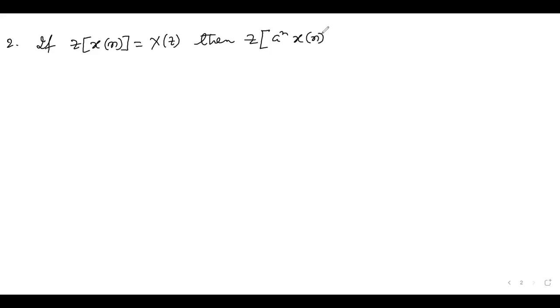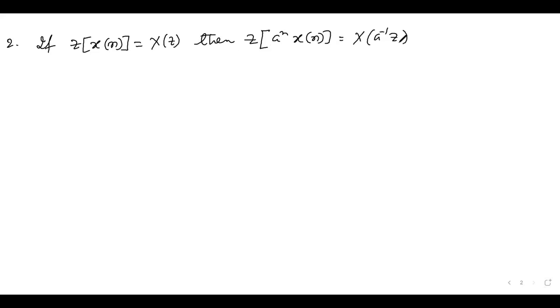The next property is known as the multiplication property. If the Z transform of x[n] is X(z), then the Z transform of a to the power n x[n], that is multiplication by an exponential sequence a to the power n, will be equal to X(a inverse z).